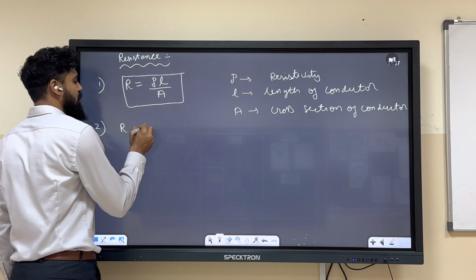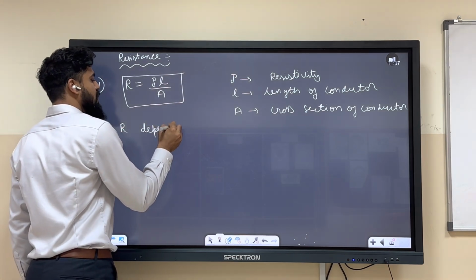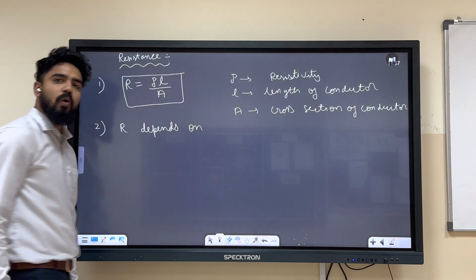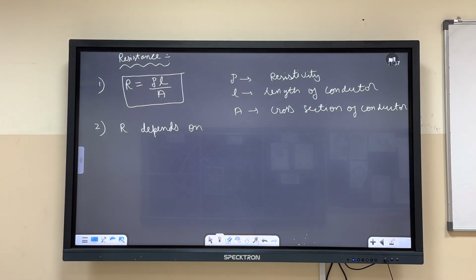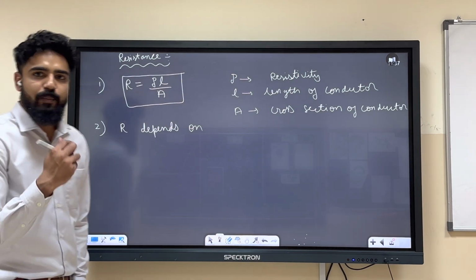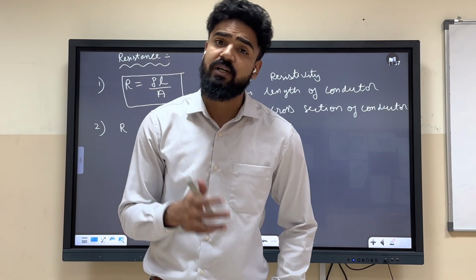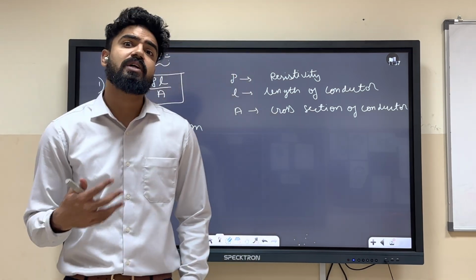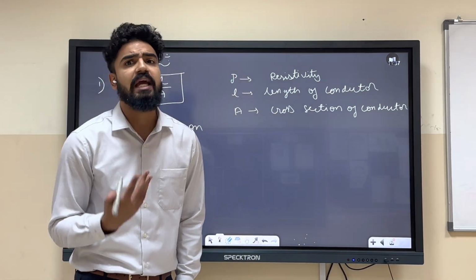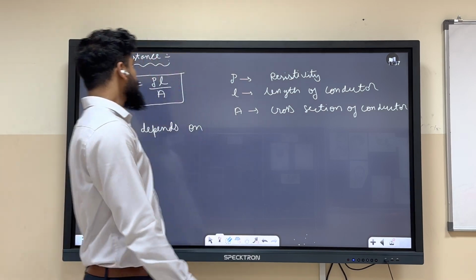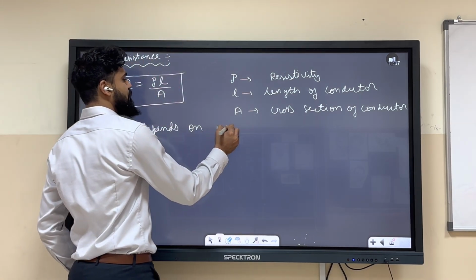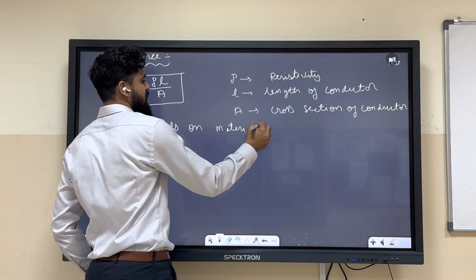Now, what all factors does R depend on? Resistance depends on the material, whether it is copper, gold, silver, iron, aluminium or something else. We all know this. So R depends on material and obviously dimensions.